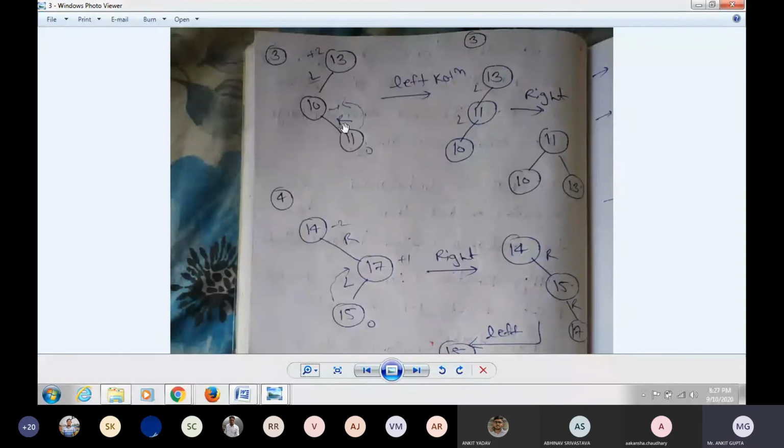In the left right, you have to apply first left, then right. So in this case, if you are getting LR, you have to apply first left and then right rotation. Okay. So first left, I have to fix 10.